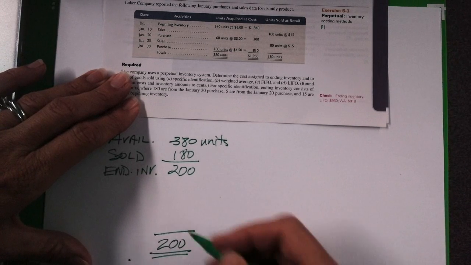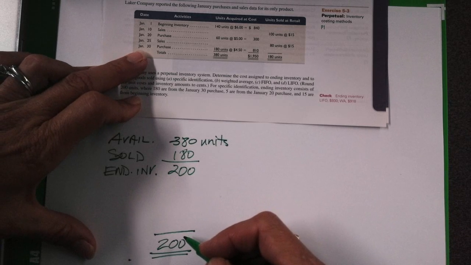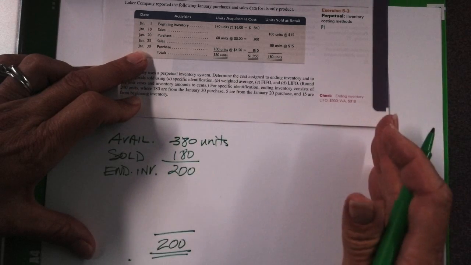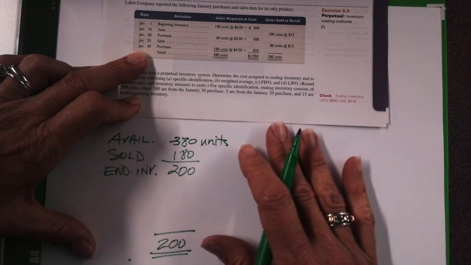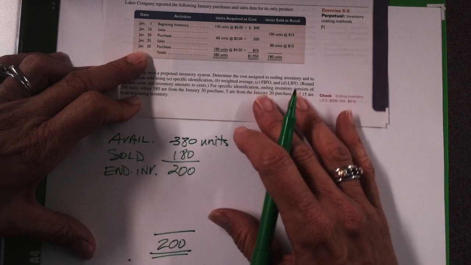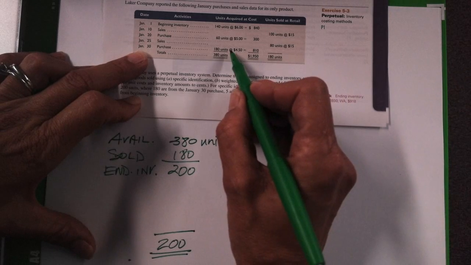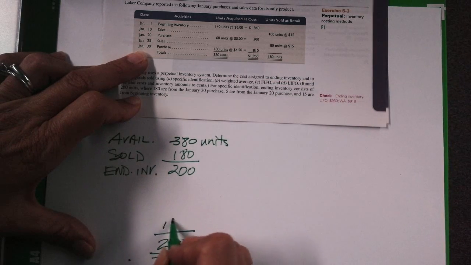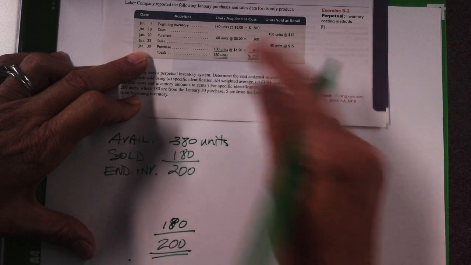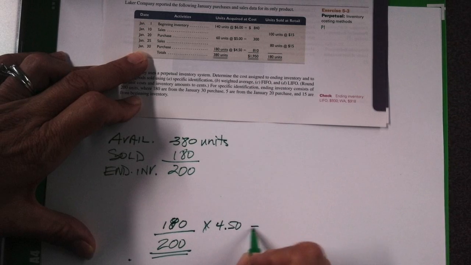which units make up these 200? Well, it's the most recent ones that we purchased. First in, first out means that at the end of the period, the most recently purchased items are the ones that we still have. So if you look up here, 180 of this 200 came from the 450 group that were purchased on January 30th.